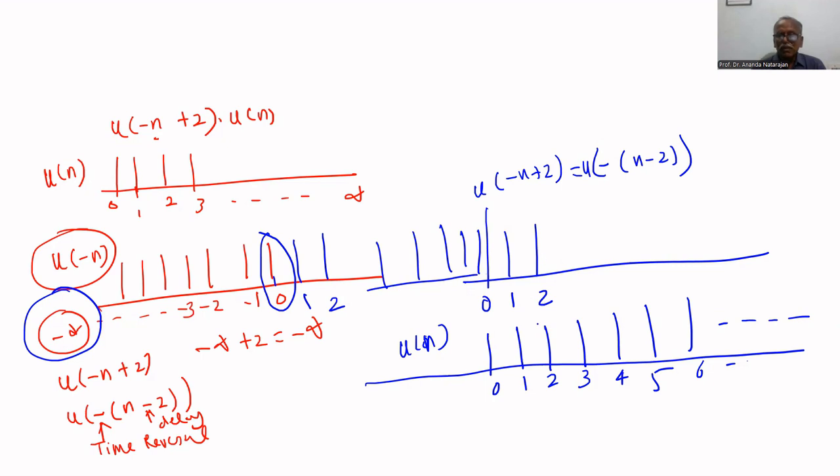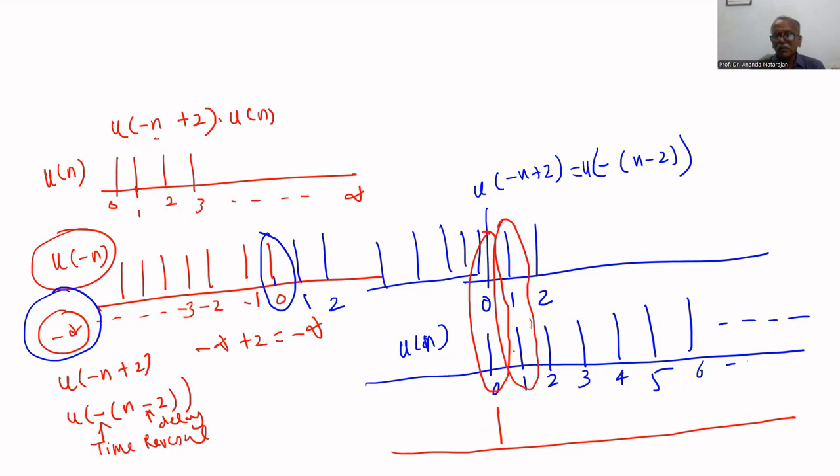So if you multiply this and this, 1 and 1, you will get 1. This 1 and 1, you will get 1. This 1 and 1, you will get 1. At 3, here you will have 1.